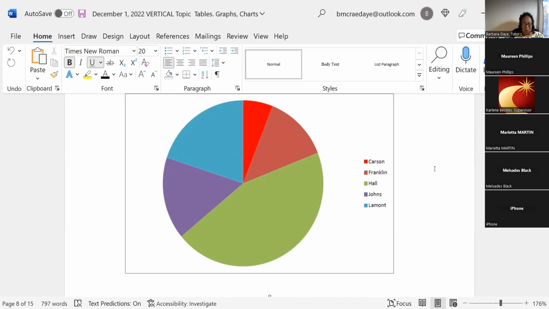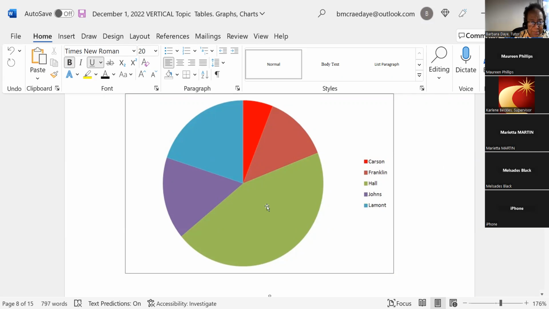Which two slices are the biggest here, Marietta? Look at this pie chart. Which two slices are the biggest there? John and Lamont.